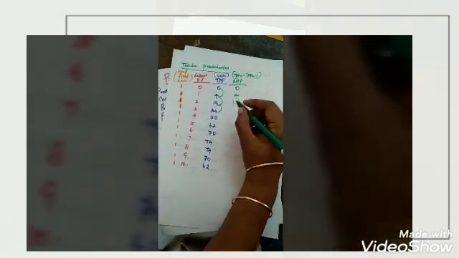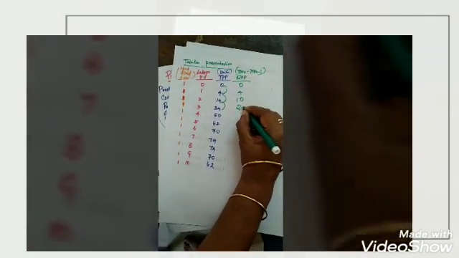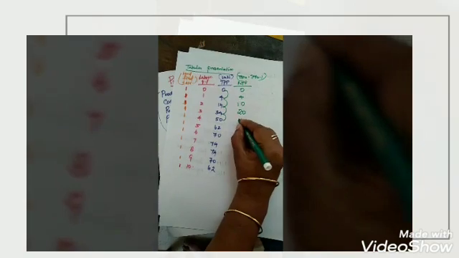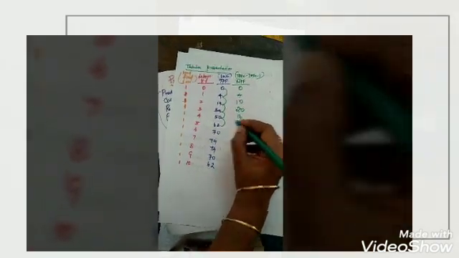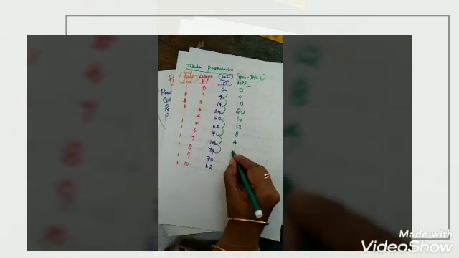Then 34 minus 14 is equal to 20. Then 50 minus 34 is equal to 16. Then 62 minus 50 is 12. Then 70 minus 62, it's 8. 74 minus 70, it's 4. 74 minus 74, 0. 70 minus 74, minus 4. 62 minus 70, it is minus 8.